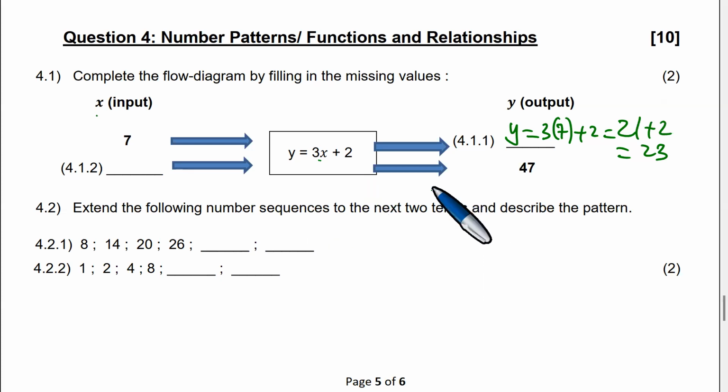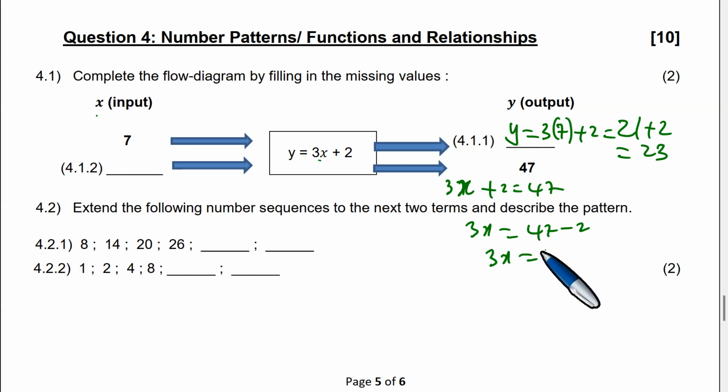If you're not sure of that one, what you do is you take 3x. 3x plus 2 is 47, which means 3x is equal to 47 minus 2. 47 minus 2 is what? 45. 3x is 45, divided by 3. What's the answer?